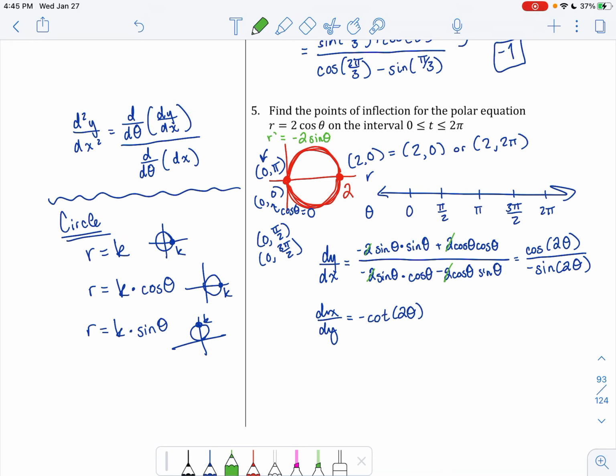This is going to be a lot easier now to find the second derivative, because I'm going to differentiate this and then divide by dx d theta, so this denominator again, which is -2, whoops, sorry. I could write it all out, but we already know it's negative sine of 2 theta from right here.